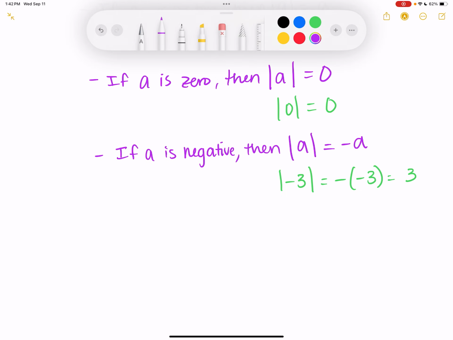If you had something like negative absolute value of A, then this would be equal to negative A. So in numbers like negative absolute value of negative 4, then that would be negative 4 as your result, because the absolute value of this would be a positive 4. I don't know for sure if that's in this section, but not a bad thing to go ahead and talk about it.